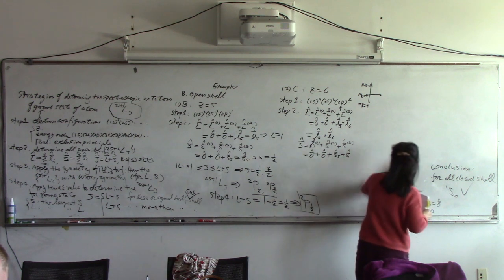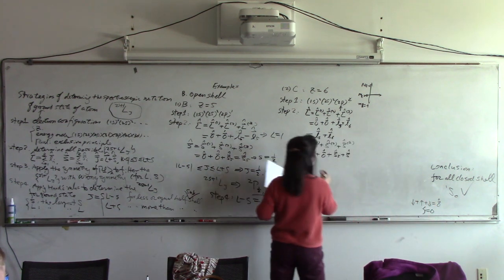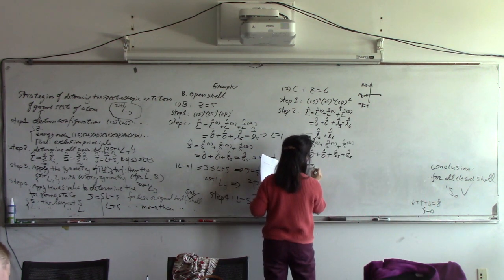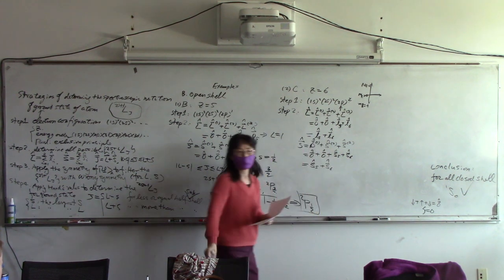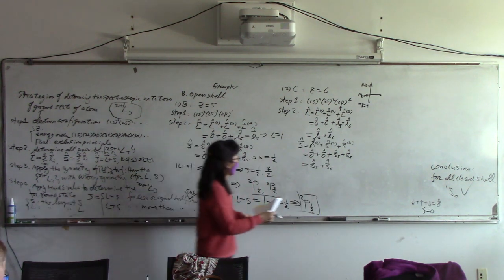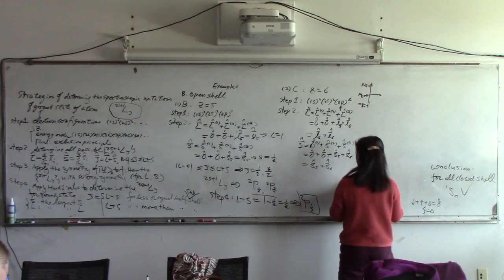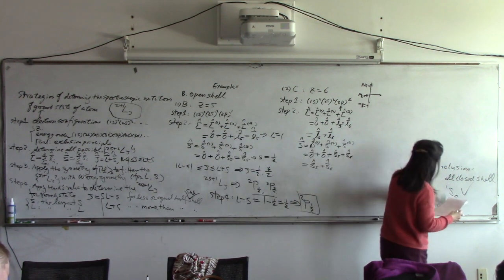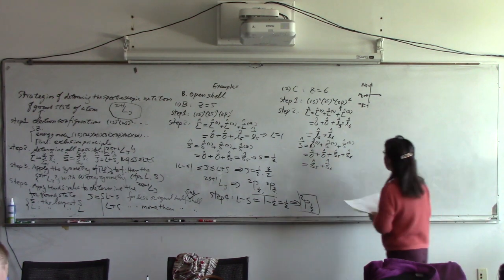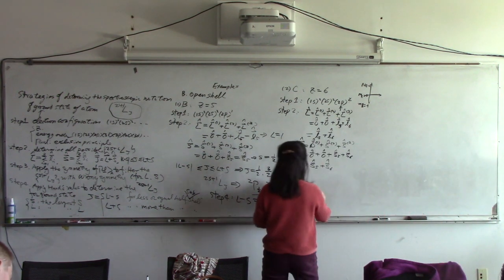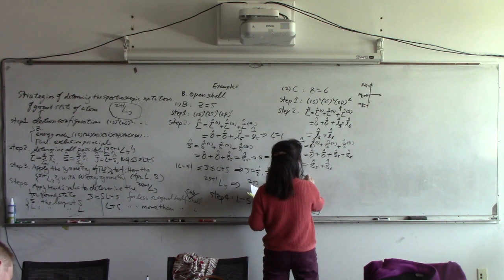Now, in this case, you can see this is also controlled by the outer shell electrons. Then we are going to apply the addition of angular momentum, which we learned in chapter 5. Since L5 and L6, the quantum number is 1, right?